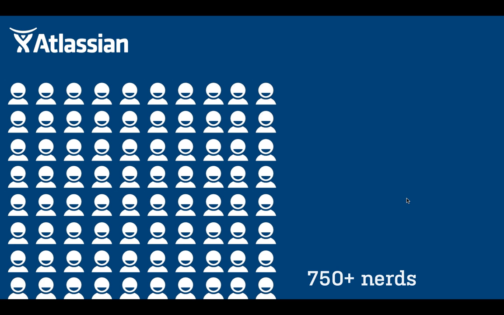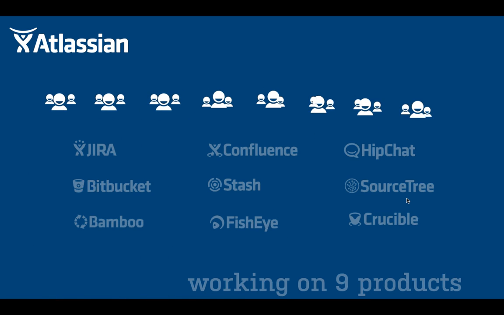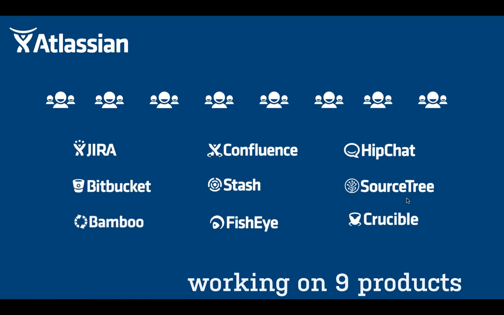And so we understand the issues that growing teams have. And so we can actually cover the whole spectrum of small teams to large ones because we have some experience there. So those almost 800 people are working across 9 different products. So we have 3 different departments where we have Jira as a platform, Confluence for collaboration, and the dev tools.